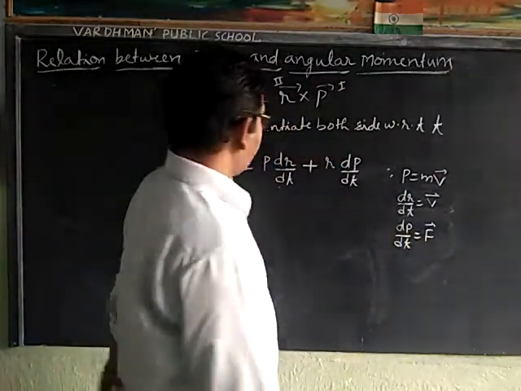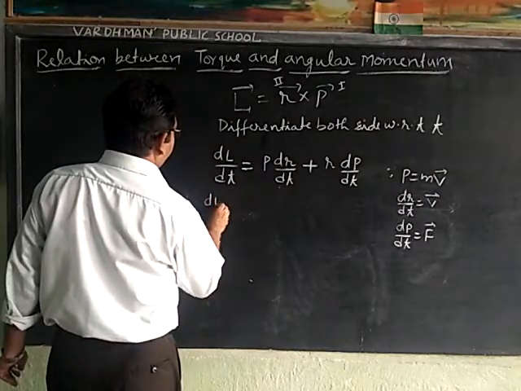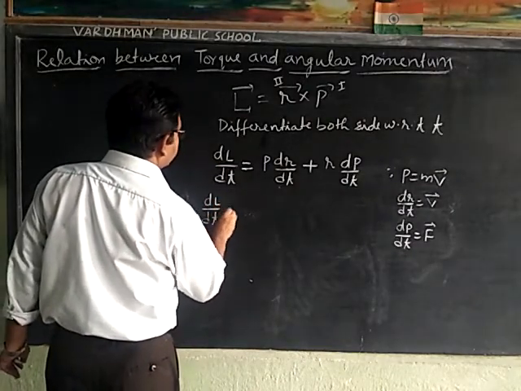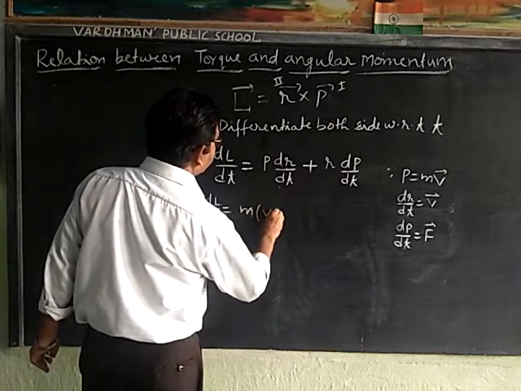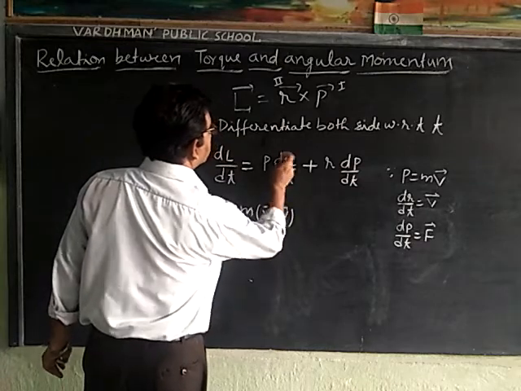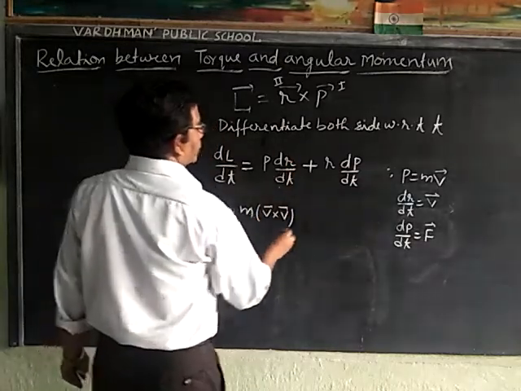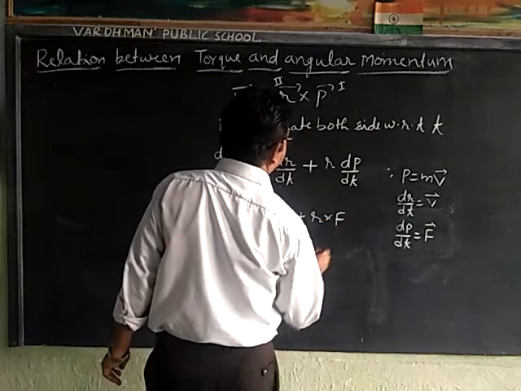Now we also know dL upon dt is equal to m v cross v plus r cross F, because this is also velocity.